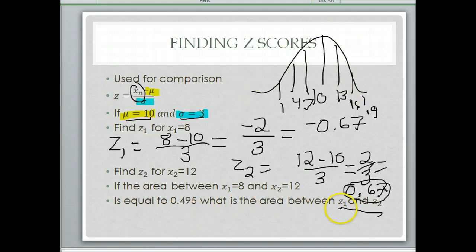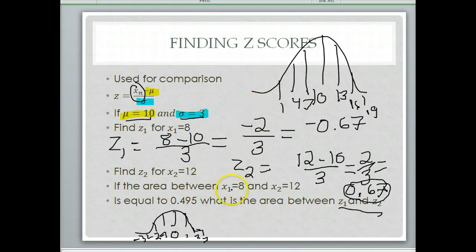And the standard normal curve uses the z-score. The standard normal curve has a mean of 0 and a standard deviation of 1. Right? And the thing you must realize is that the areas remain the same.